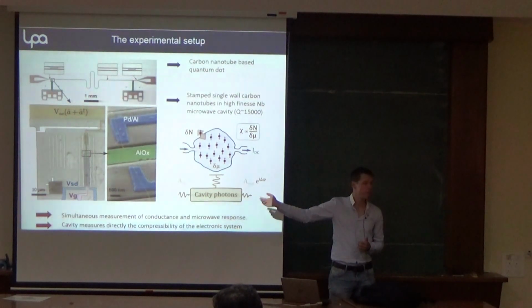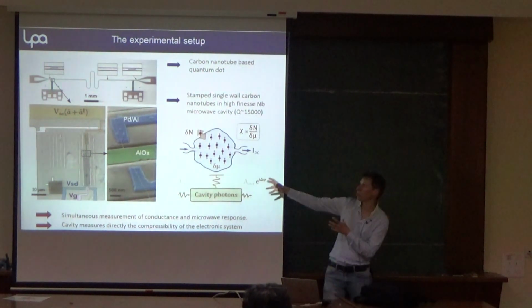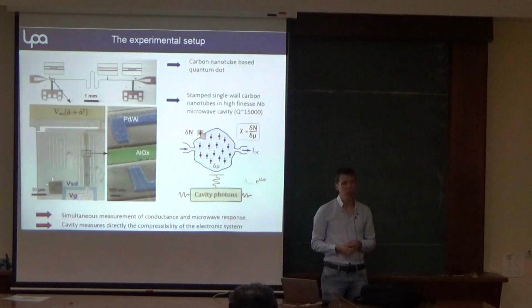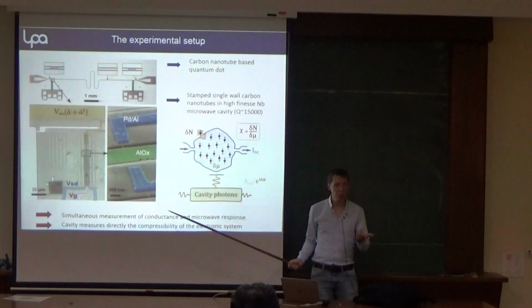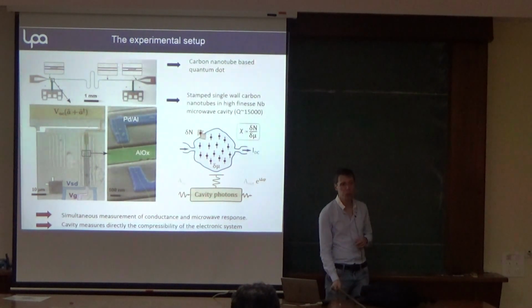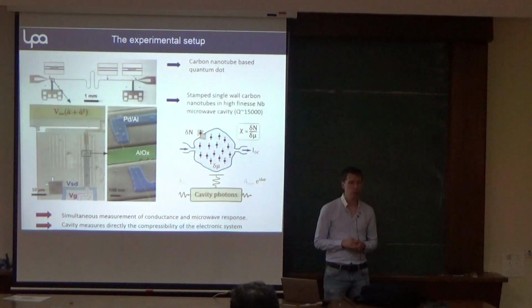If you do the microwave simulation with HFSS, for example, you see that this is a good way, although we still do not fully understand in this geometry why in some samples we see a coupling, while in some other samples we don't. But when we see a coupling, it's a large coupling. Whereas with the top gate, we always see a large coupling. So this is absolutely crucial, to have a gate coupling.